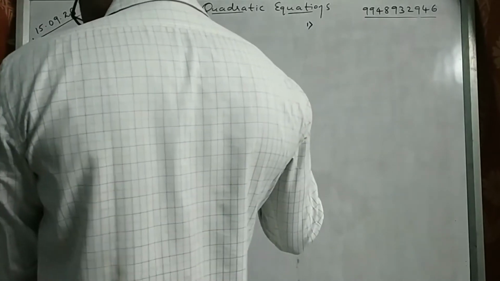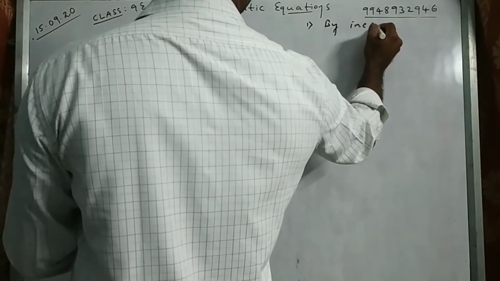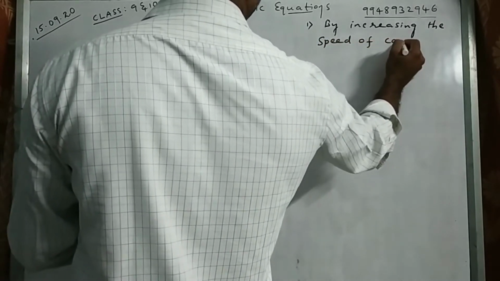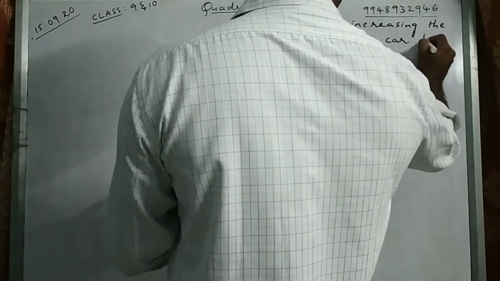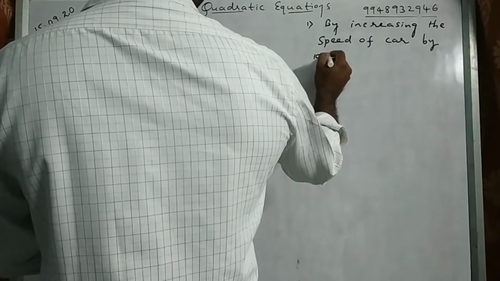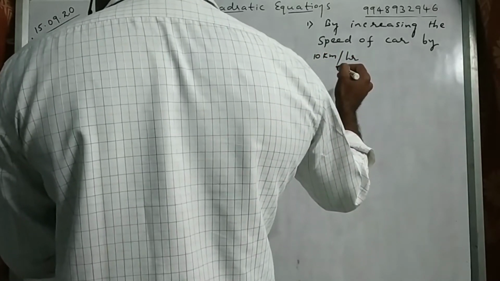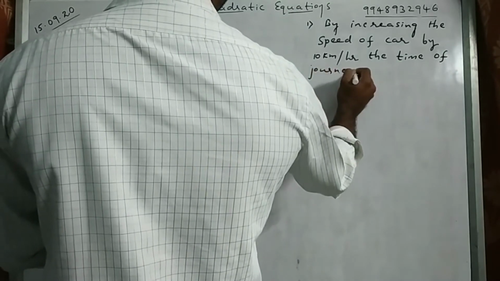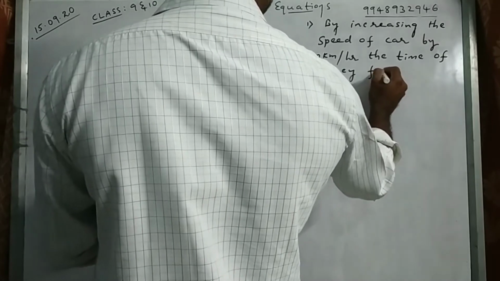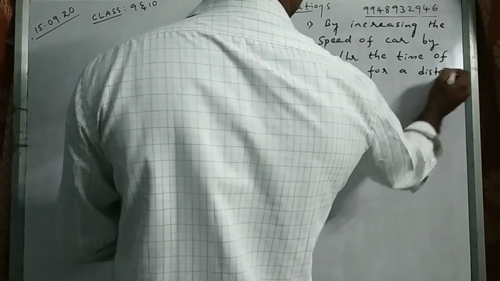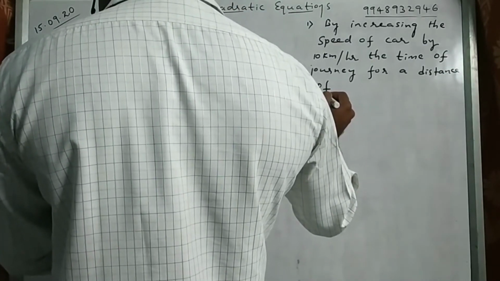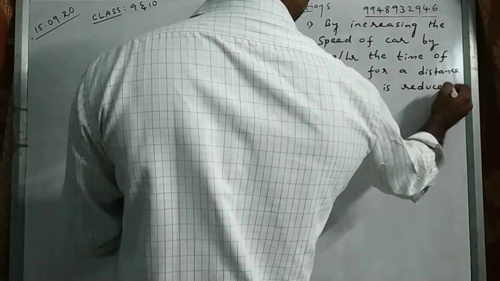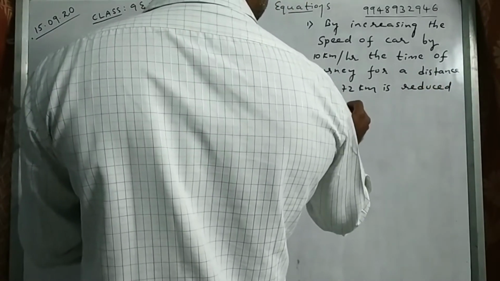By increasing the speed of a car by 10 km per hour, the time of journey for a distance of 72 kilometers is reduced by 36 minutes.